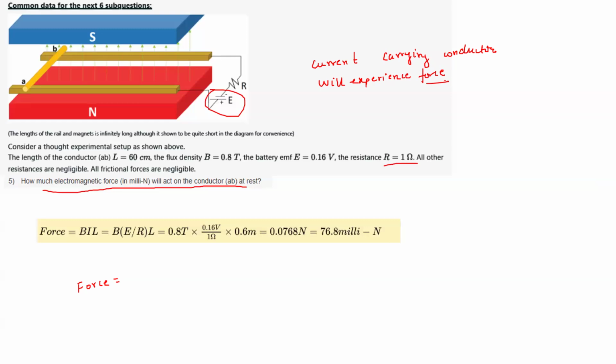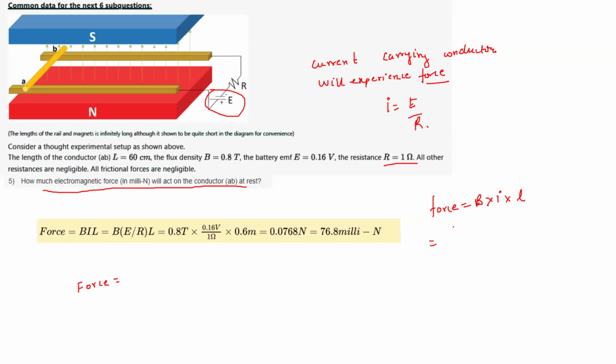We have seen that in the beginning of this class. Now what is the current? Because all other resistances are negligible, current will be directly E by R. So force is B into I into L: if a conductor carries current I and is placed in magnetic field B, it will experience force B into I into L.